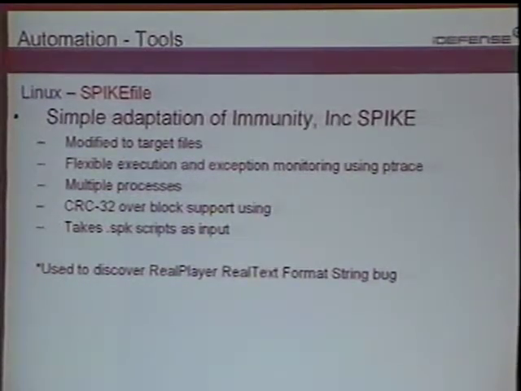So it's been modified, obviously, so that it can target files, and I added a way for it to execute and monitor for any exceptions, basically just catching signals and stuff using ptrace. It'll do multiple processes, so you can have 5 applications processing 5 different files at once, which speeds things up a little bit.